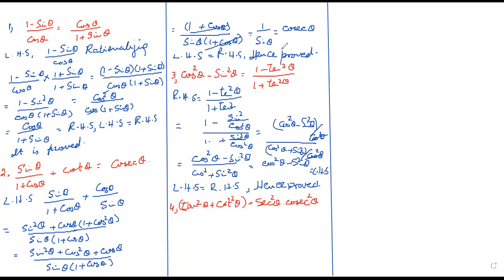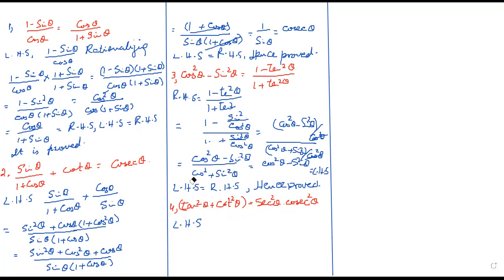So taking left hand side again, tangent square theta, this is the whole square. So tangent square theta plus cotangent square theta, rather it is tangent theta plus cotangent theta, sorry.